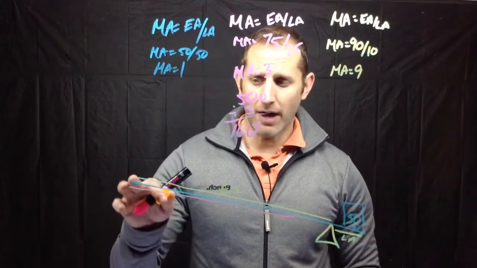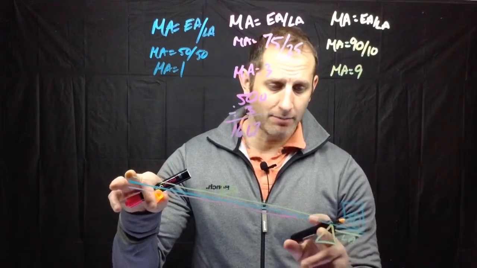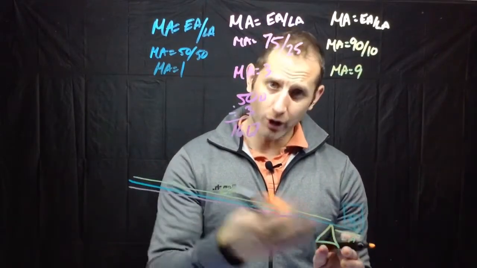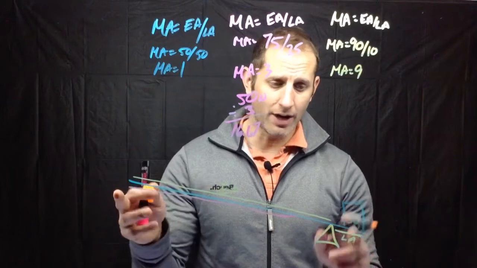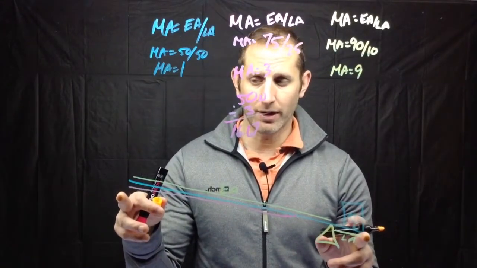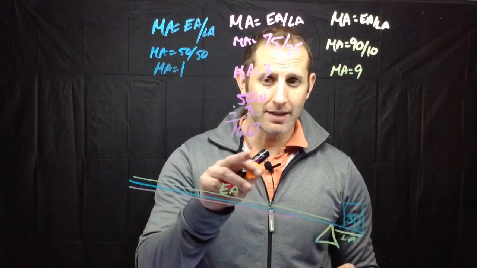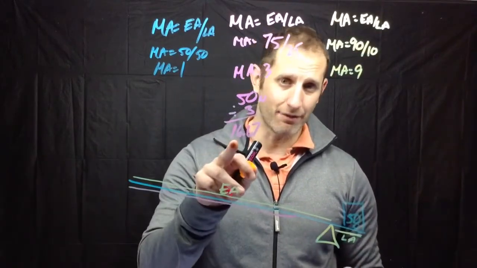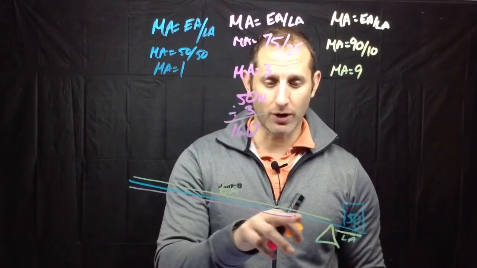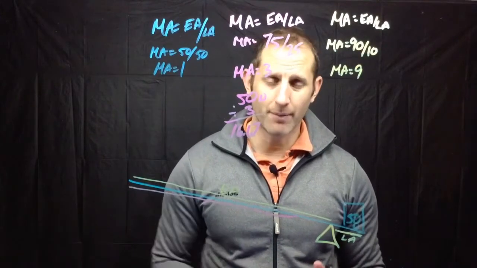So that means if I put in 1 on this side, because I've moved the fulcrum so much closer to the load, it's going to output 9. So if I put in 10, it's going to output 90, which means that I'm going to require even less effort than if the board was 3/4 of the way through. How much less effort?